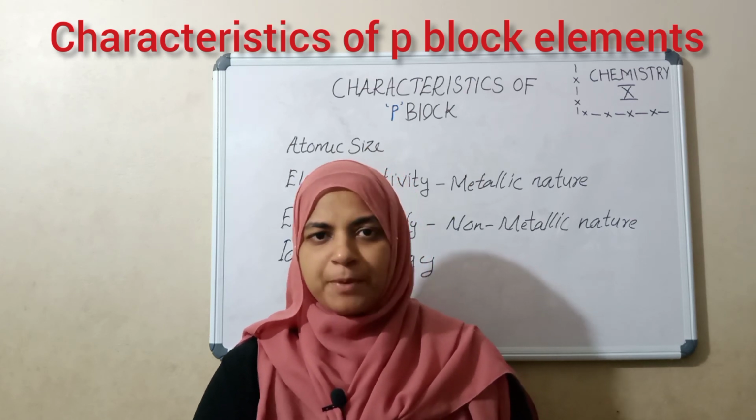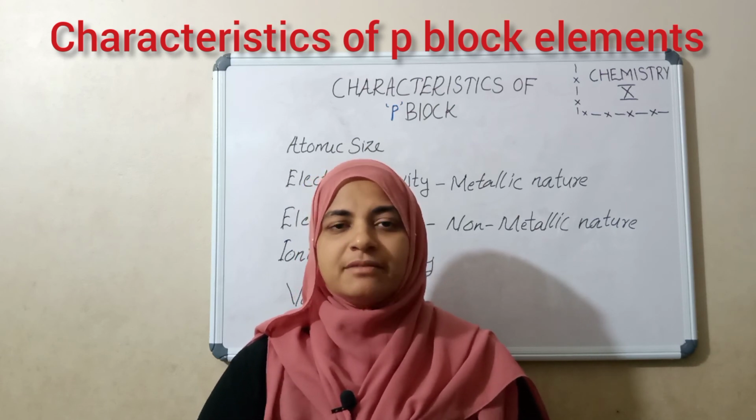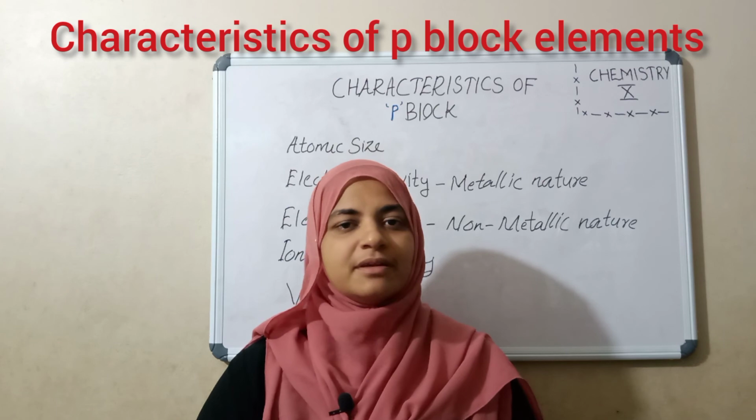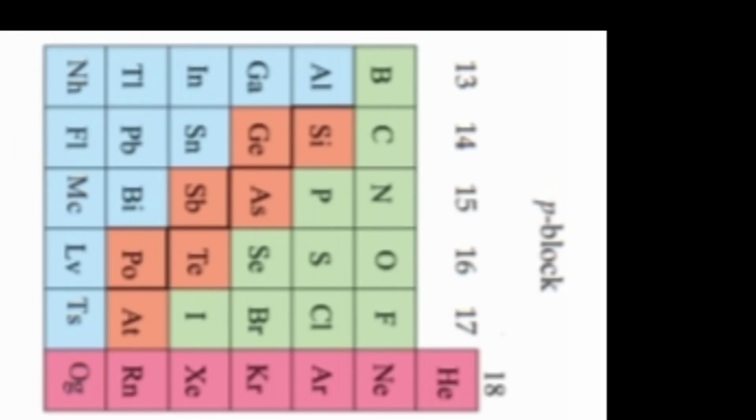Here in the p block, there are elements of different states and different natures. Look at the figure. This figure represents p block elements, which consist of groups 13 to 18.